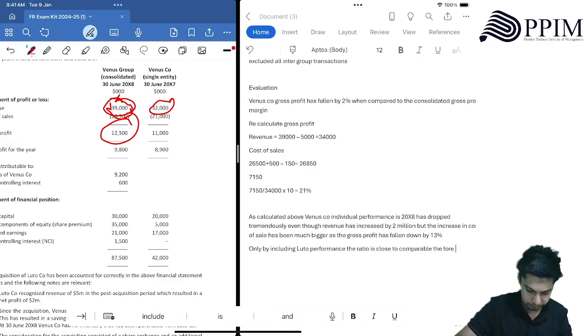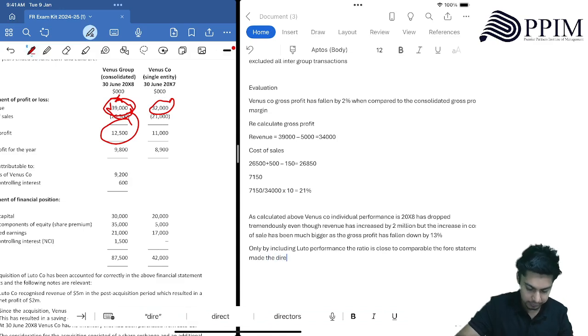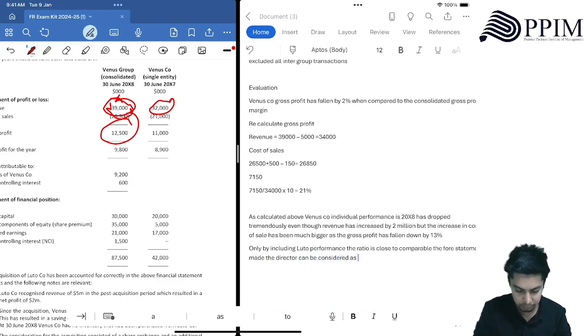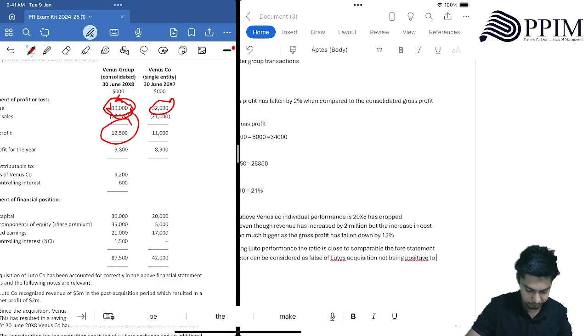Therefore, the statement made by the director can be considered as false, of Luto's acquisition not being positive to Venus.